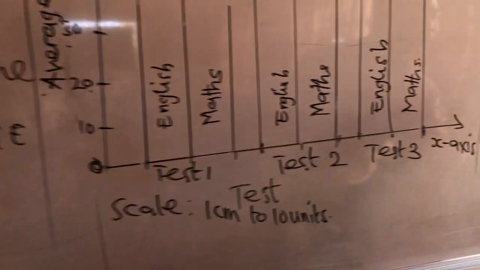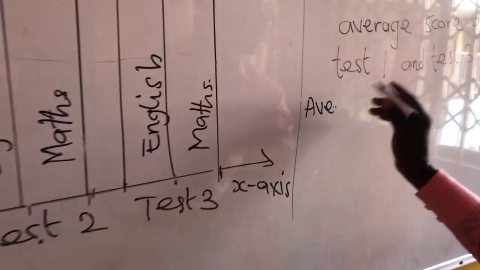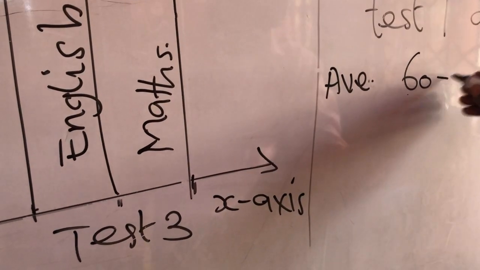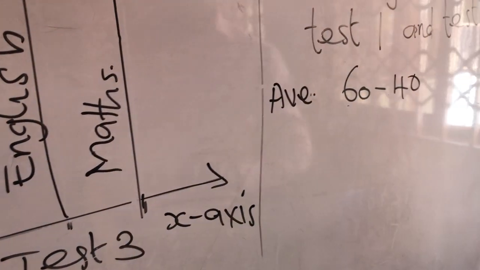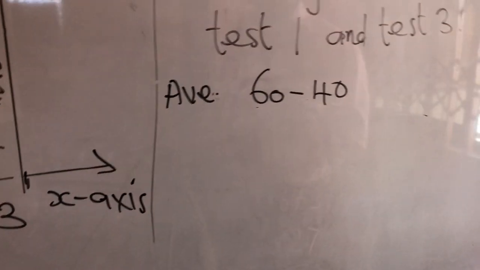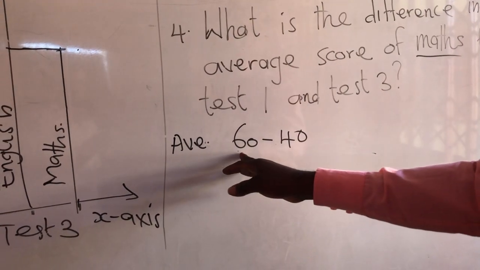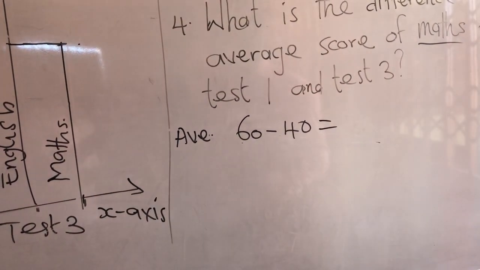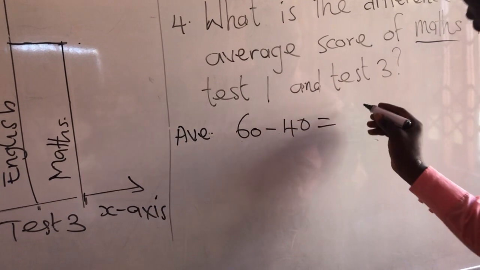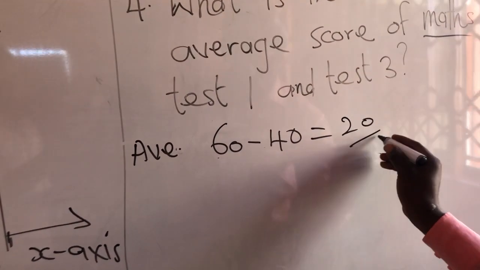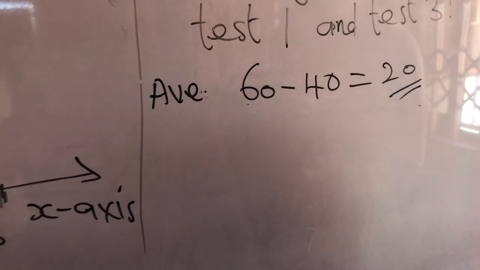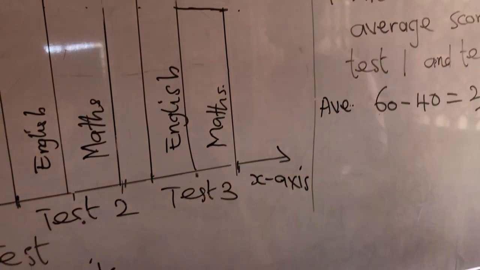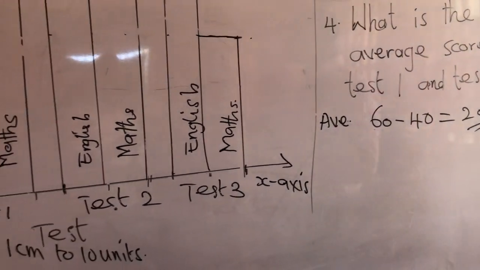So 60 minus 40 will give you 20. So our average score difference is 20. Good.